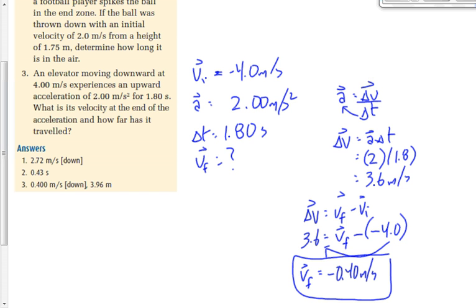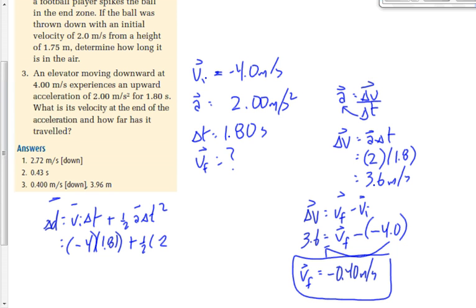What about the displacement? This is kind of the easy part now, right? VI is, what was VI? -4. At the time. Oh, we don't have time. Oh, yes, we do. 1.8. +2 for the acceleration.